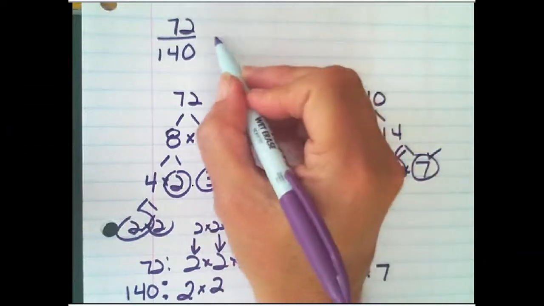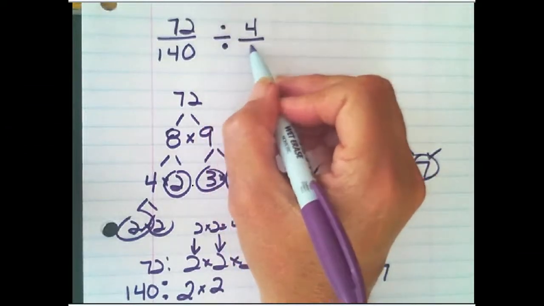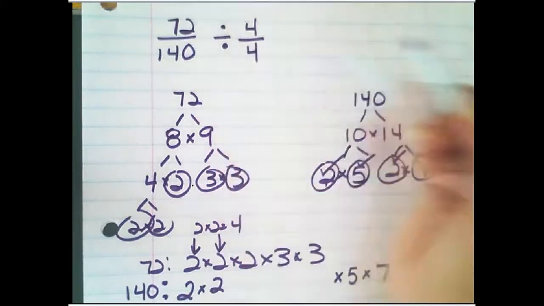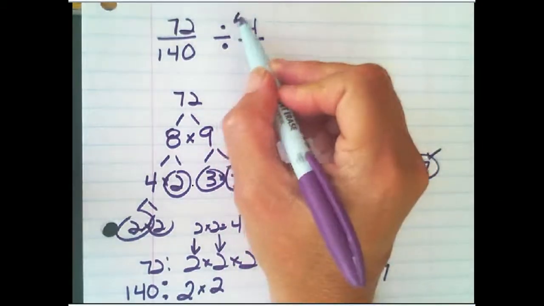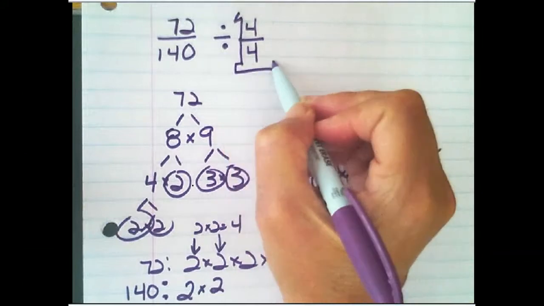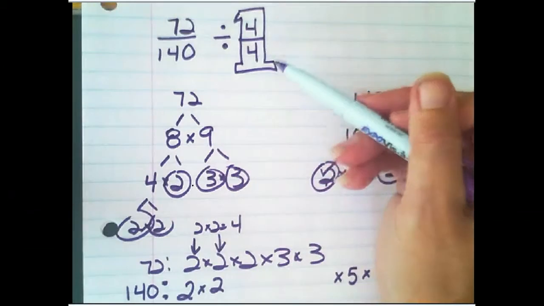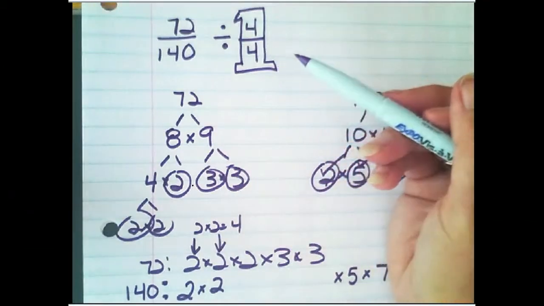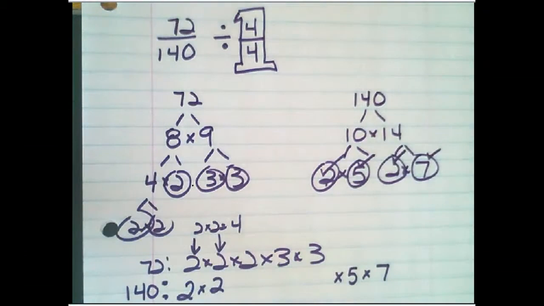So what I'm really doing is dividing both my numerator, 72, and my denominator, 140, by 4. The reason I can do that and have an equivalent fraction, if you'll remember from the other video, is that we're really dividing by the number 1. 4/4 is 1, and any number divided by 1 equals that same number.